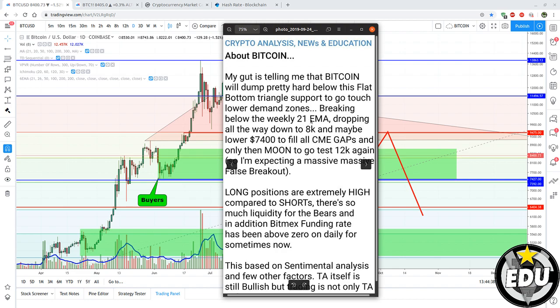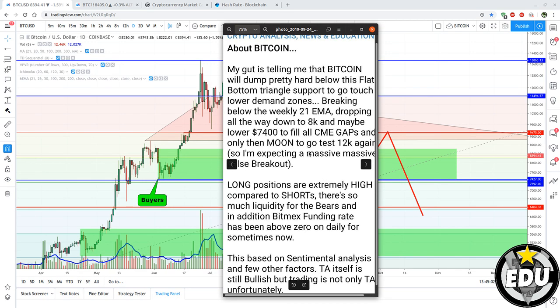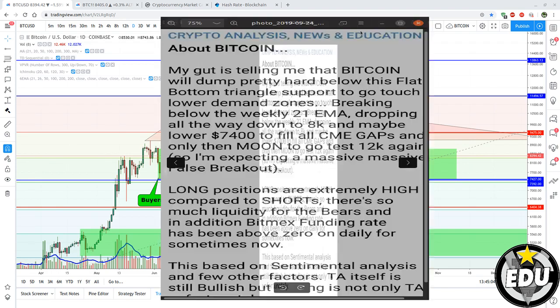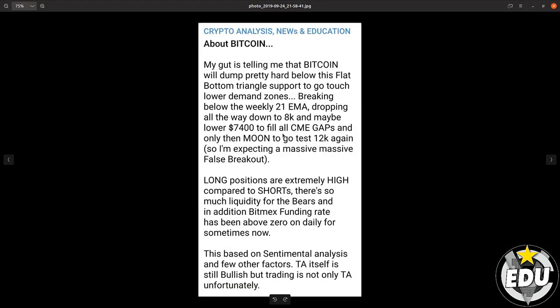I would have done my prediction later on also, and it didn't. But based on sentiment analysis, that was a pretty straightforward prediction, dropping all the way down to 8K and maybe lower, 7.4, to fill all the CME gaps, and only then move to test 12K. So that's what I'm expecting, some kind of reaction at the 7.4 level, to be honest.